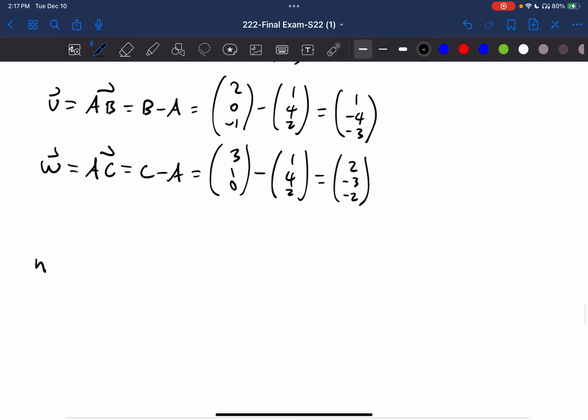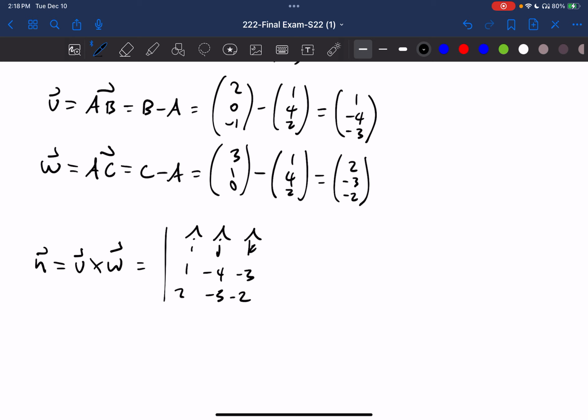Now we can find n. n will be equal to v cross w. A cross product of 2 vectors will give us a vector. This is what we need. This will be equal to the determinant of i, j, k; 1, negative 4, negative 3; 2, negative 3, 2, negative 2.